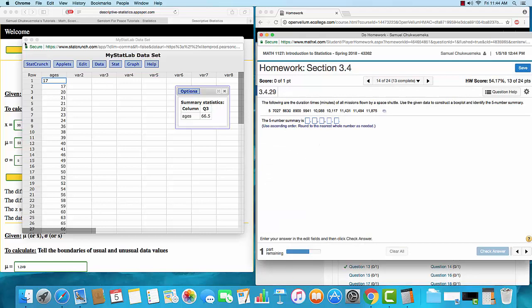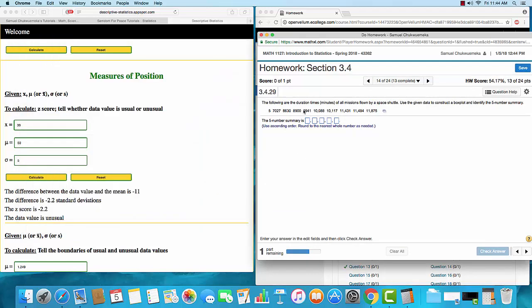The next question is asking us for the 5-number summary of data. The following are the duration times in minutes of all missions flown by a space shuttle. Use the given data to construct a box plot and identify the 5-number summary of the data.